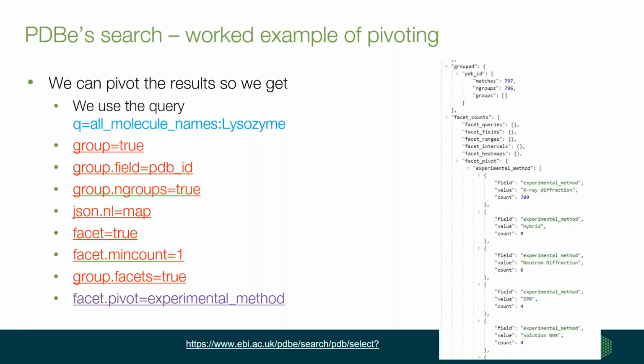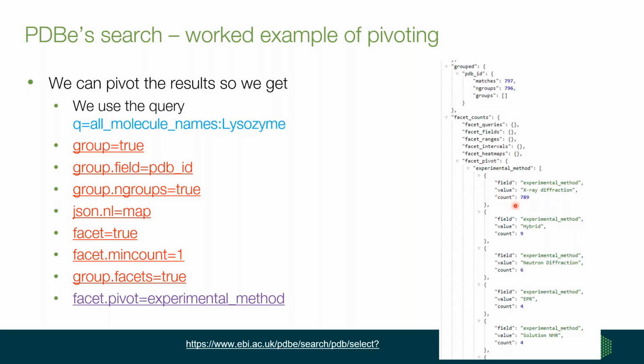We can also do something similar here using pivoting to do a very similar query. In this case, we've just added facet pivot, and we will pivot on experimental method. This gives us a slightly different representation, but containing exactly the same data. So we can see we now are pivoting on experimental method, and this becomes our field as well here.